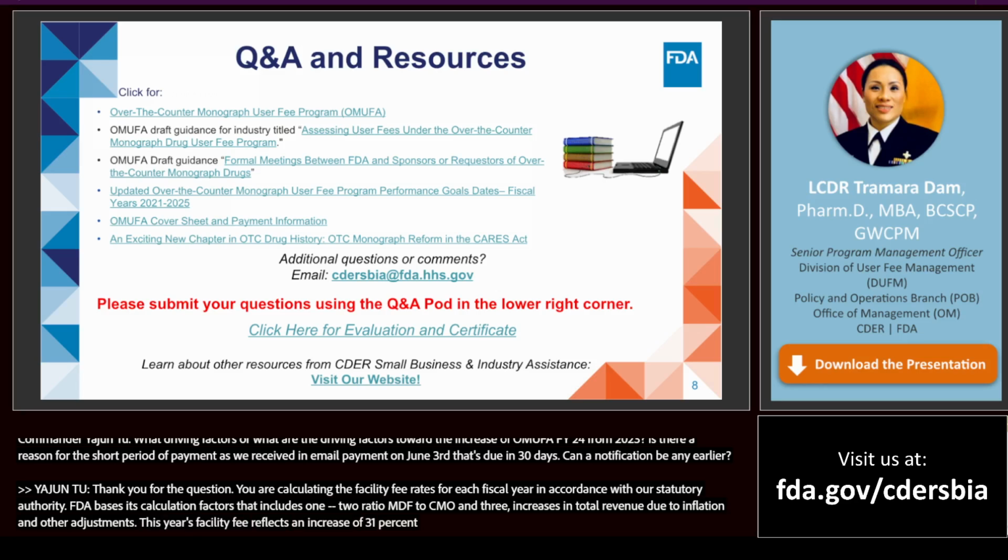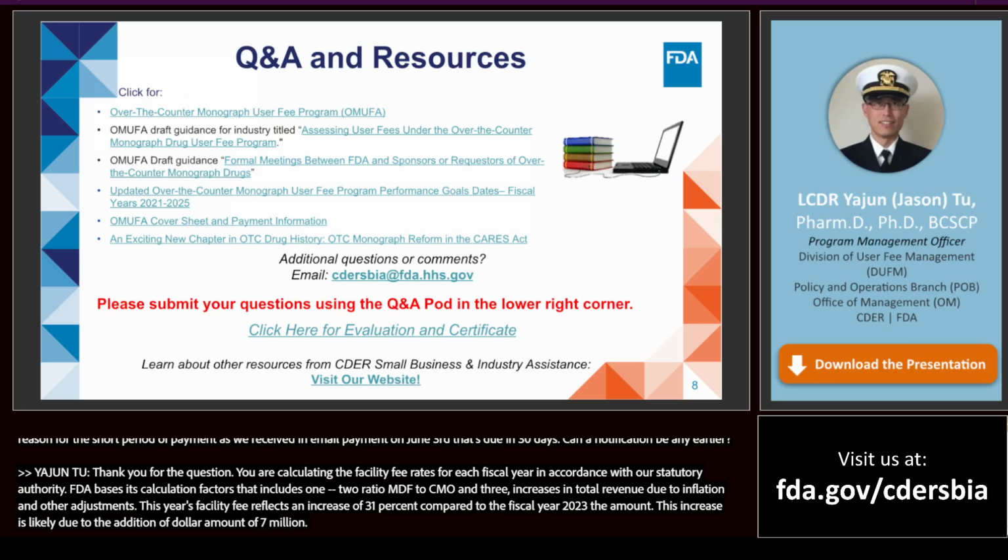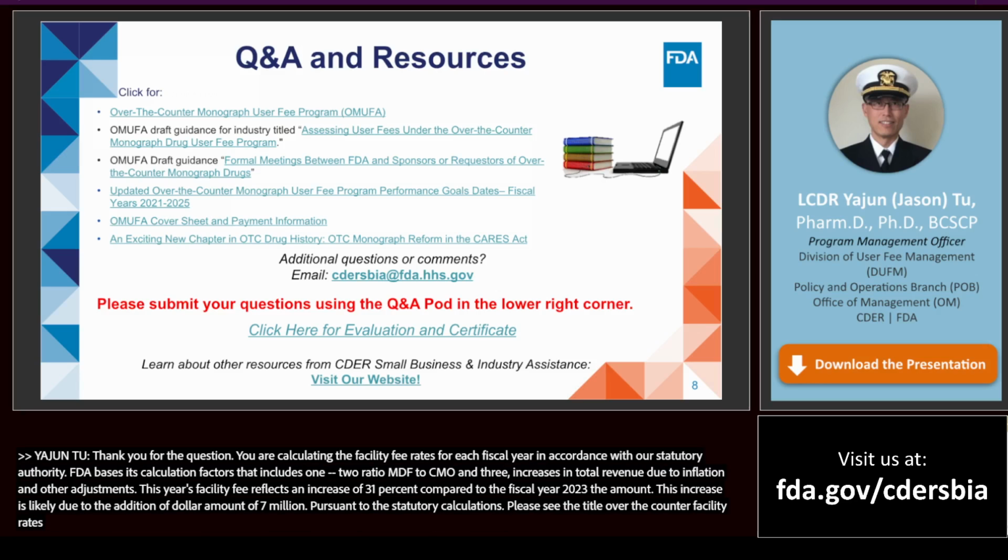This increase is largely due to the additional dollar amount of $7 million used to determine the fiscal year 2024 target revenue to be generated from facility fees pursuant to the statutory calculations. Please see the Federal Register notice titled Over-the-Counter Monograph Drug User Fee Program, Facility Fee Rates for Fiscal Year 2024 for the methodology utilized in calculating the OMUFA facility fee rates for fiscal year 2024.